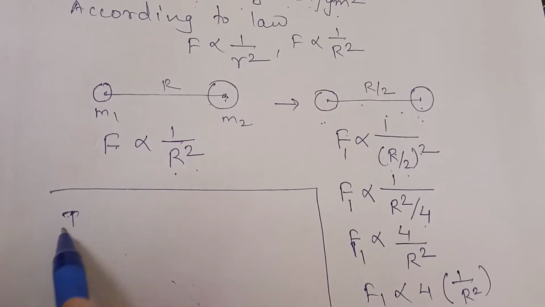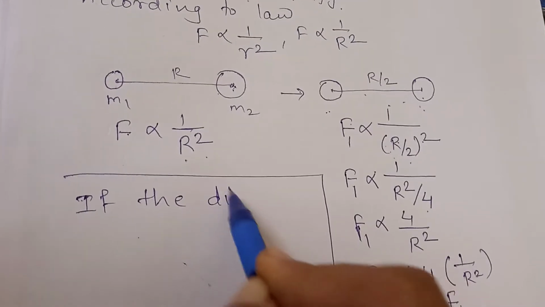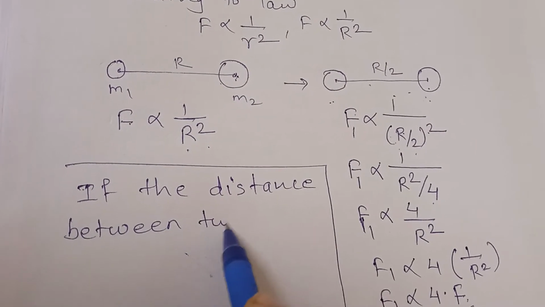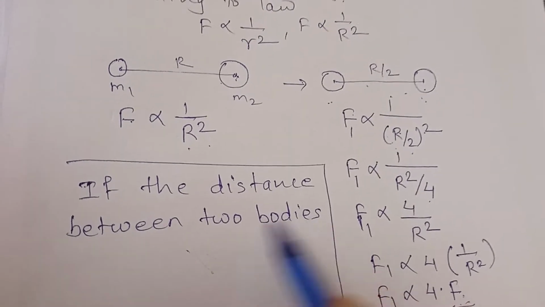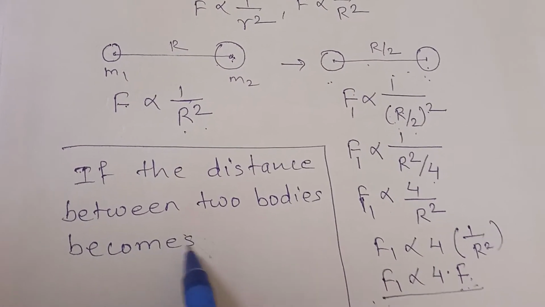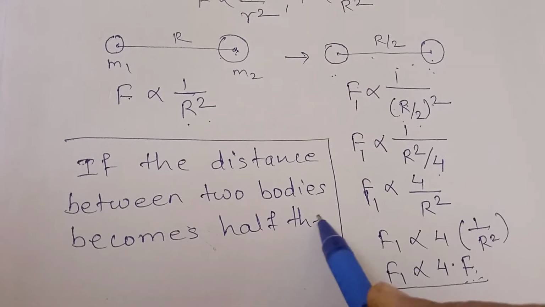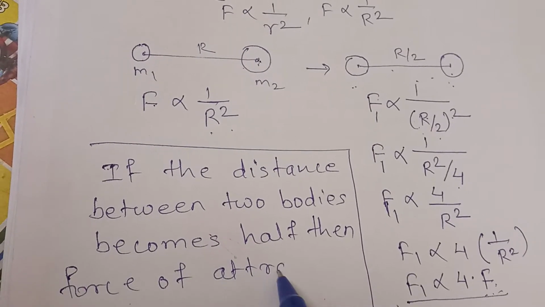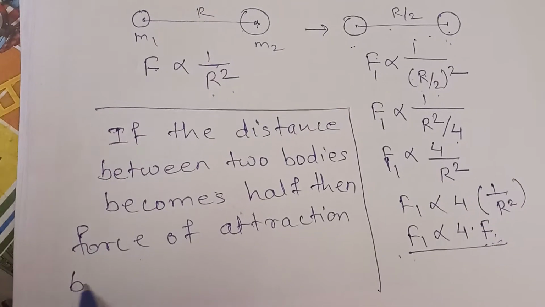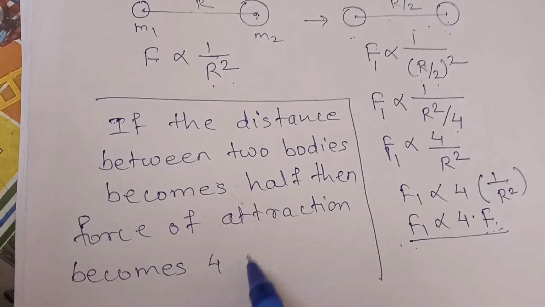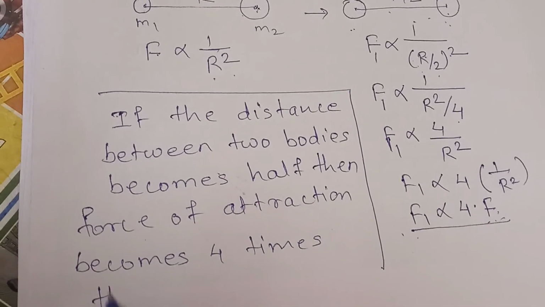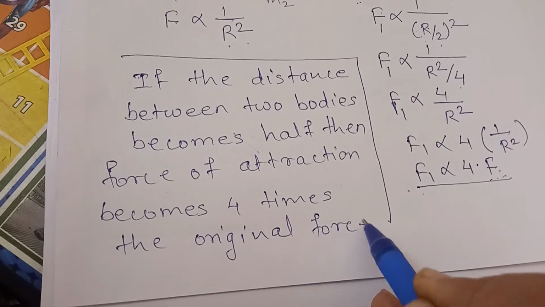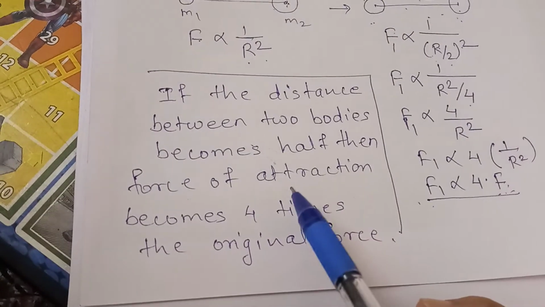Conclusion: if the distance between the two bodies becomes half, then the force of attraction becomes 4 times the original force. Okay, this is important for MCQ.